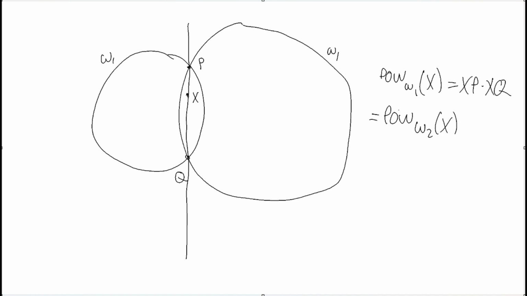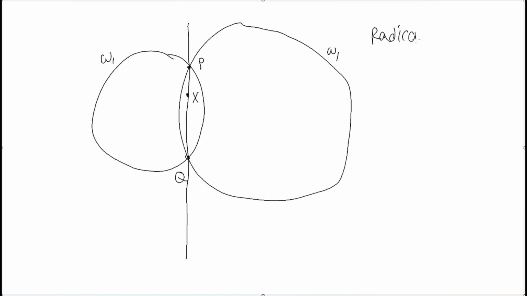So the natural question arises, are there any other points X which satisfy this property? Well, with this, we can introduce a set of points that satisfy this property, and it is called the radical axis of the two circles. Basically, the radical axis is a set of points X such that the power from X to each circle is the same.